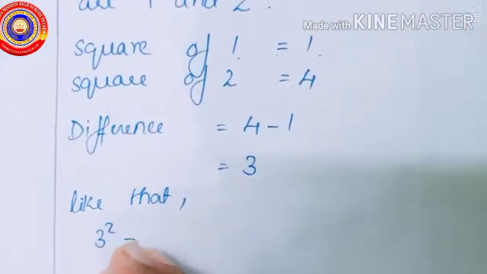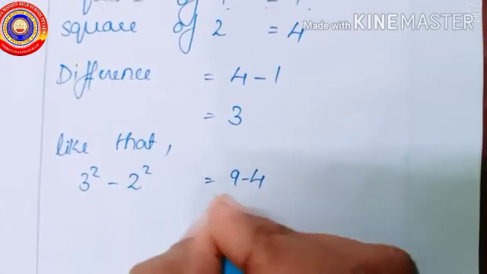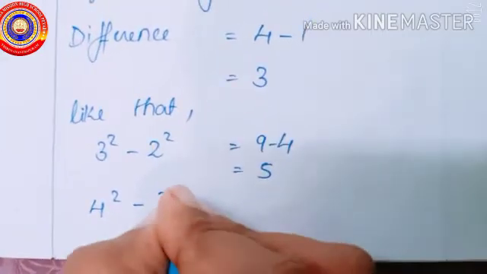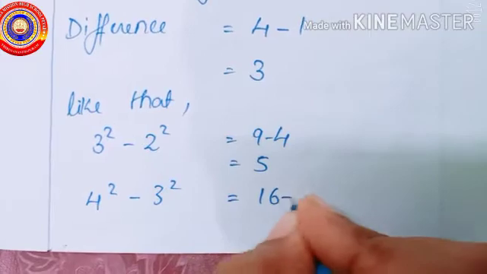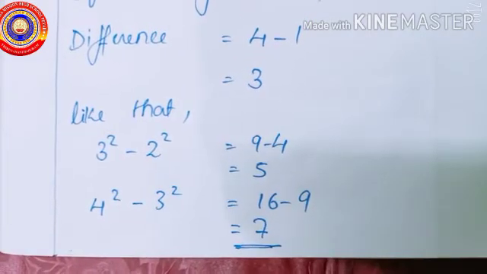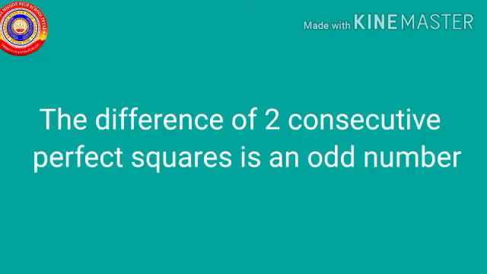Like that, 3 square minus 2 square is 9 minus 4, which is equal to 5. And 4 square minus 3 square is 16 minus 9, that is equal to 7. From this we can understand that the difference of two consecutive perfect squares is an odd number.